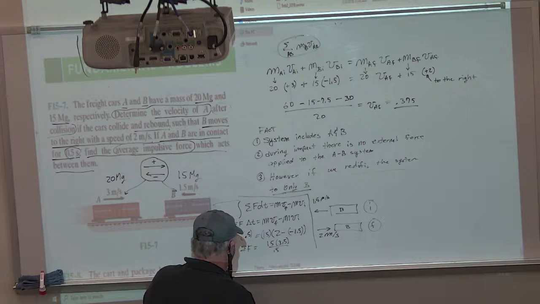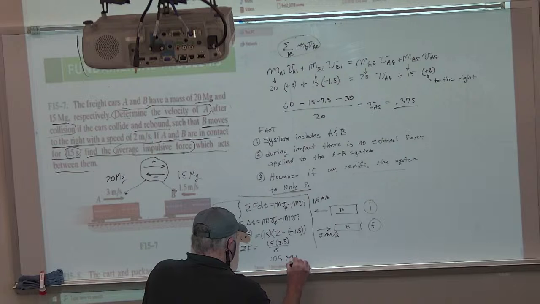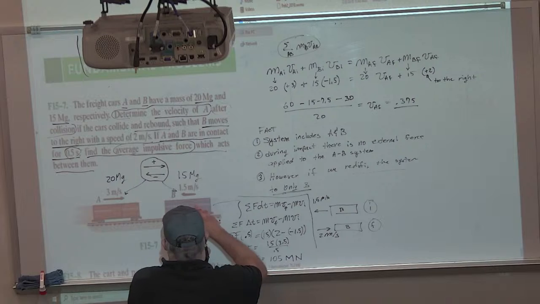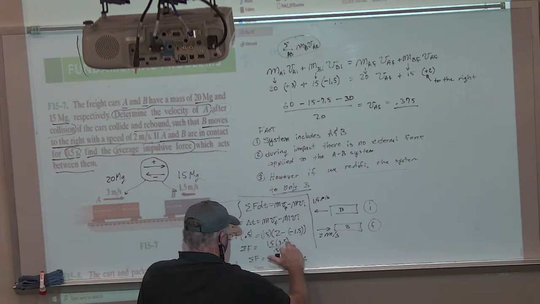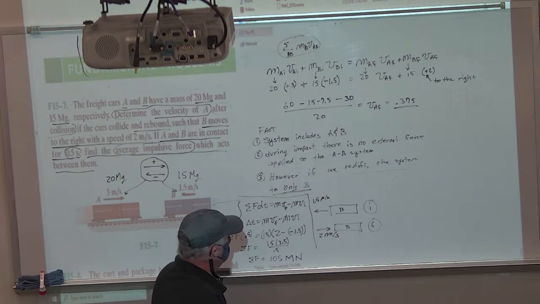Or 105. Now, this is an M, and when I say M, I mean mega, so I carry the M through as meganewtons. Usually I write it differently, but that gets people confused.